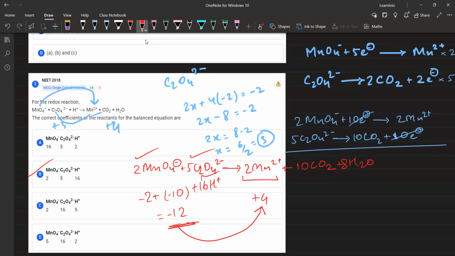Understood, Alia and Kiram? Yes, sir. First balance the electrons, then balance the charges.